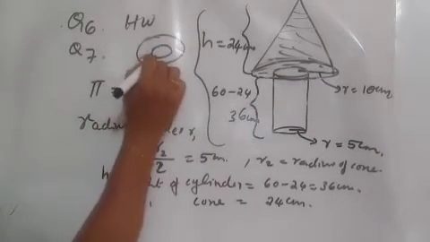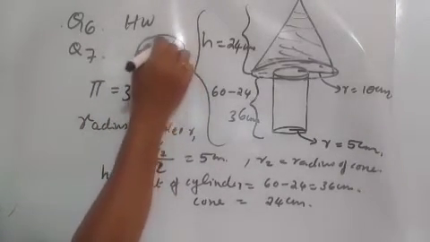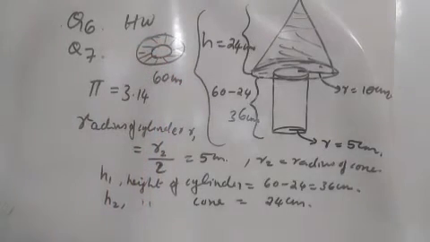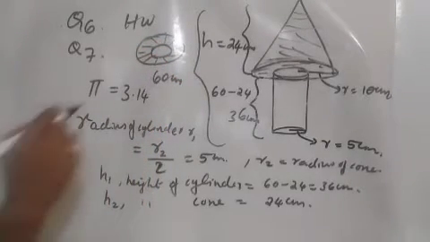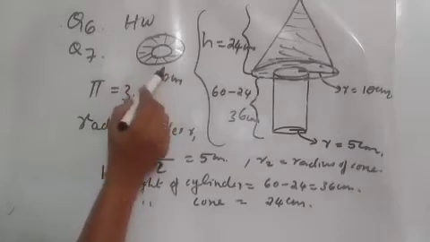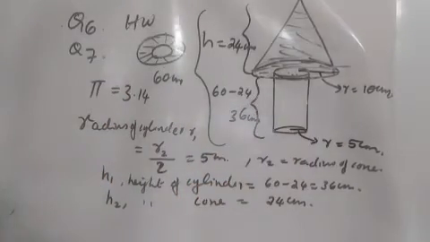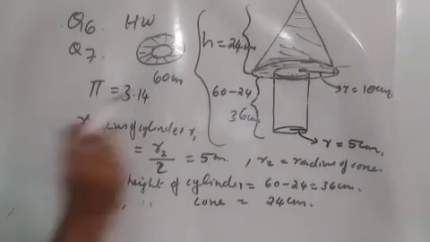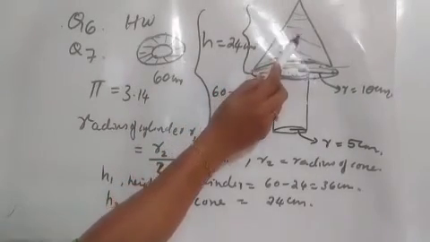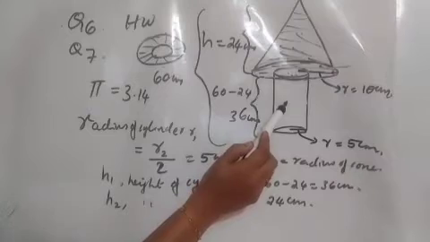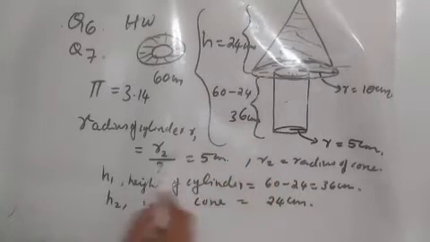So we want to paint this area only. That means base area of the cone minus base area of the cylinder. This portion. Okay, this portion means base area of cone minus base area of cylinder, and this is the curved surface area of cone, this is the curved surface area of cylinder, and the base of the cylinder also.